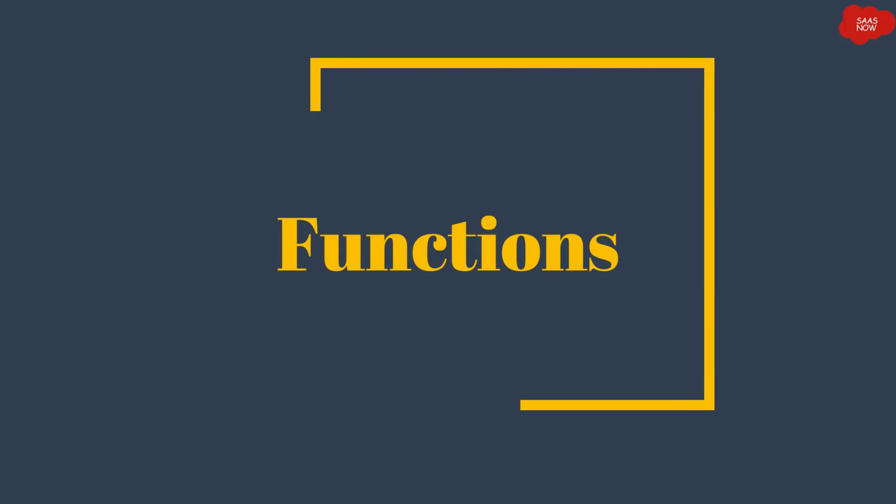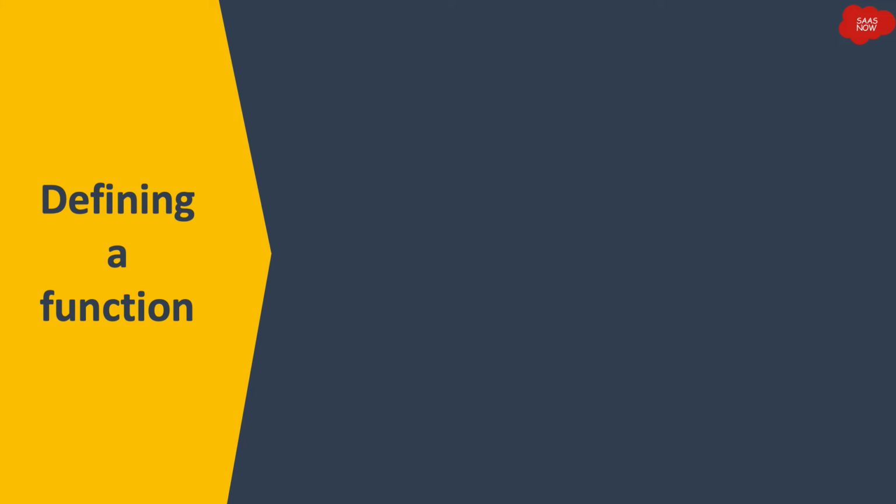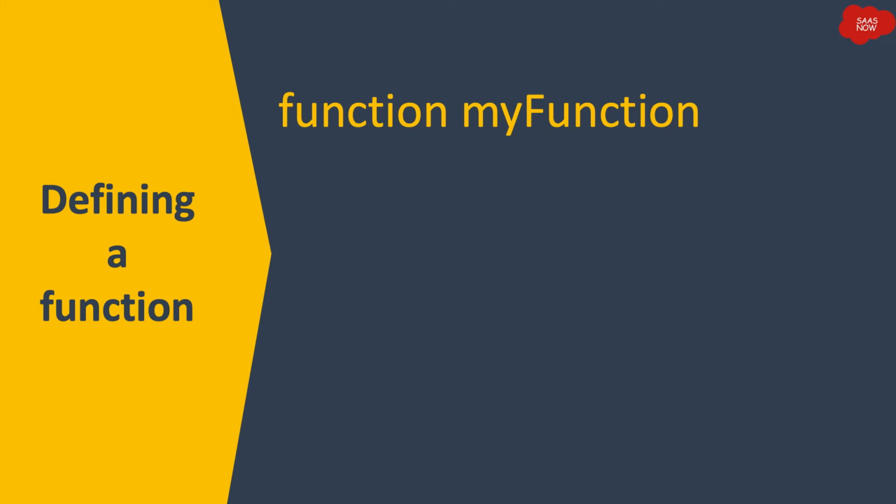Functions. A JavaScript function is a block of code designed to perform a particular task. It is executed when something calls it. A JavaScript function is defined with the function keyword, followed by a name, followed by parentheses. You start with the function keyword, then mention the name of the function, like in this case, myFunction.